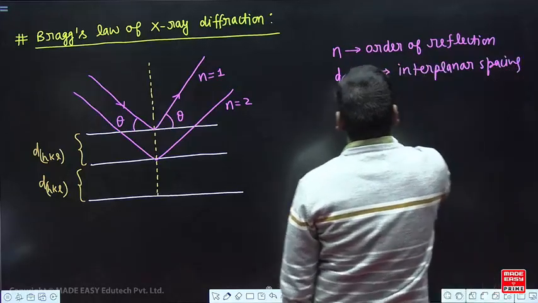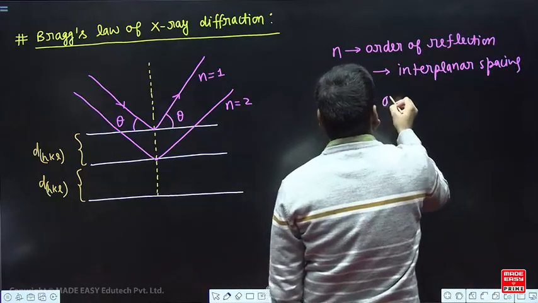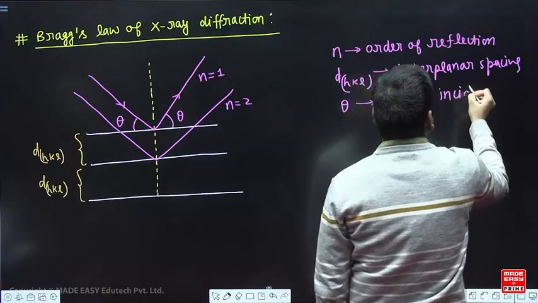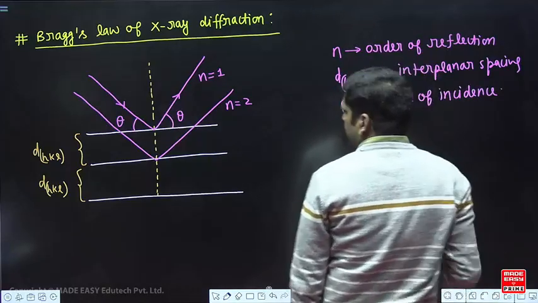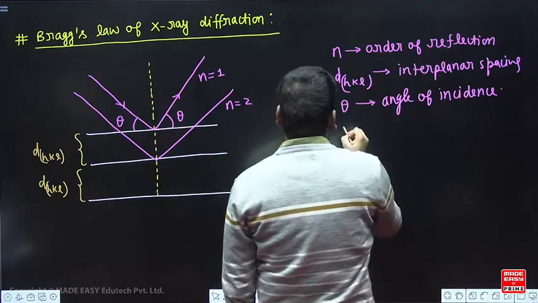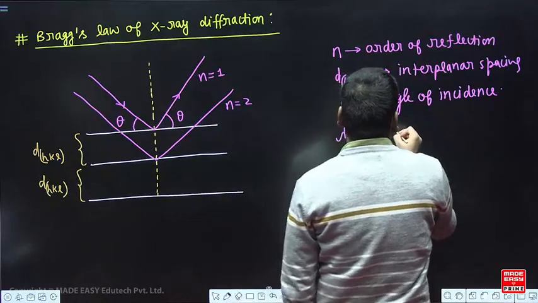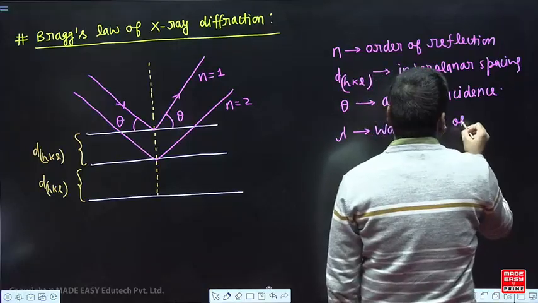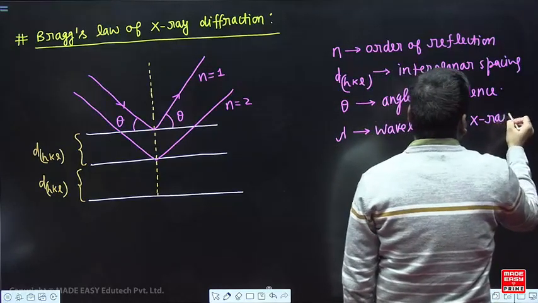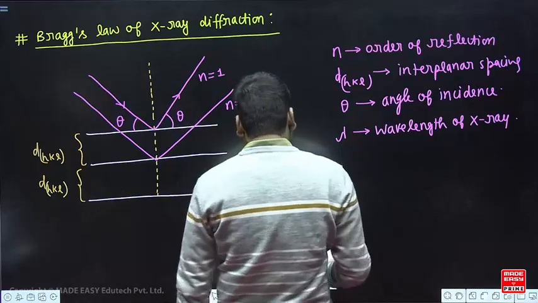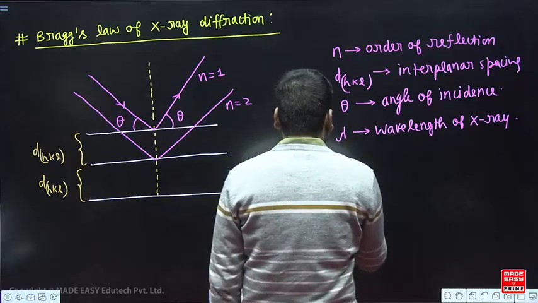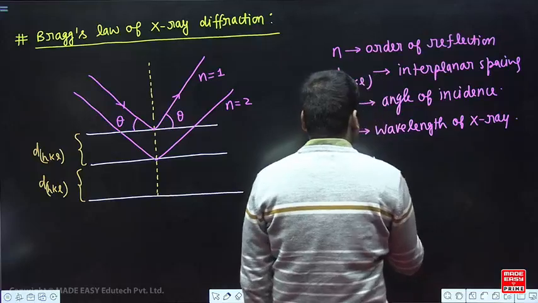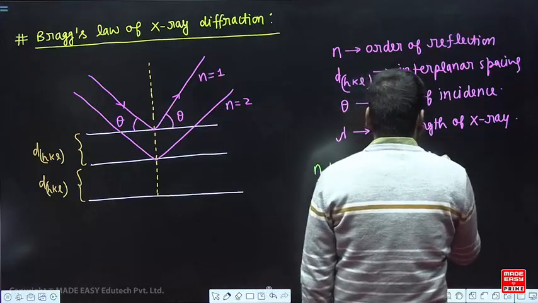Theta is angle of incidence. And if lambda is wavelength of X-ray, then according to Bragg's law, n lambda is equal to 2 d HKL sin theta.